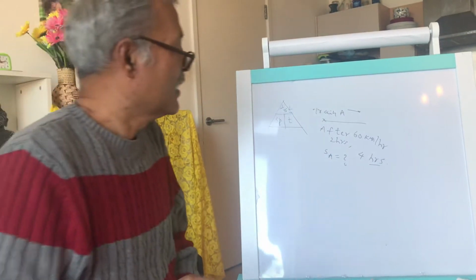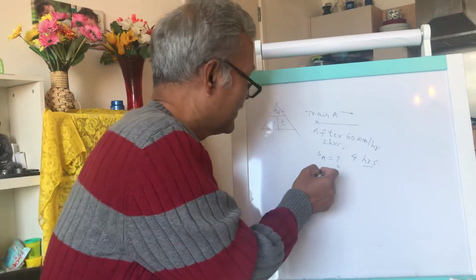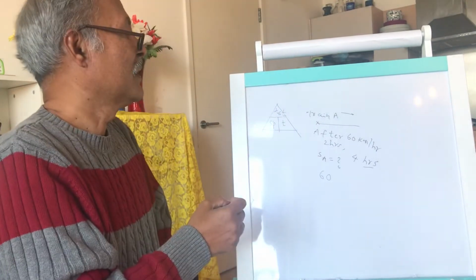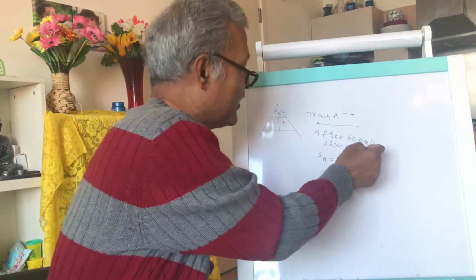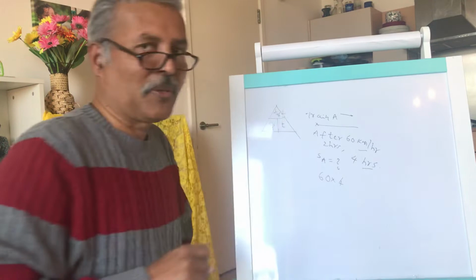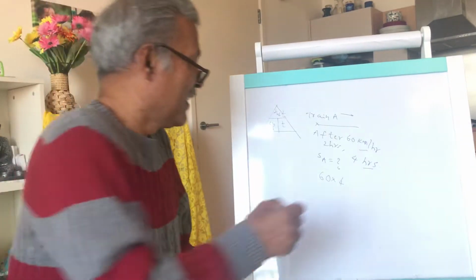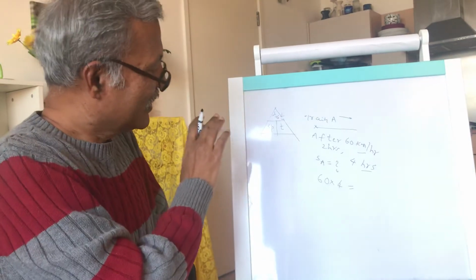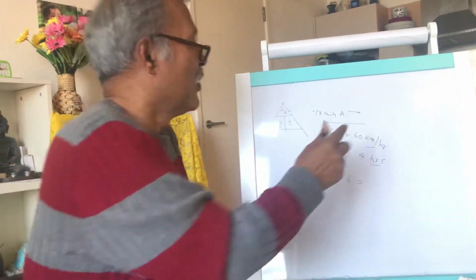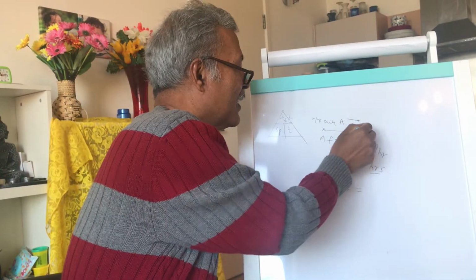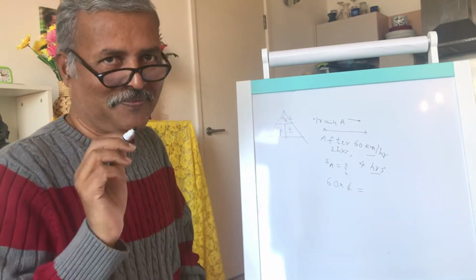Now, think this way. 60 is the speed, and with that speed you are traveling for 4 hours. Now, the distance covered when the overtaking is done is the same for both the trains.